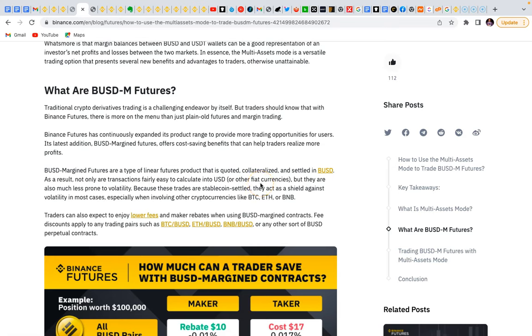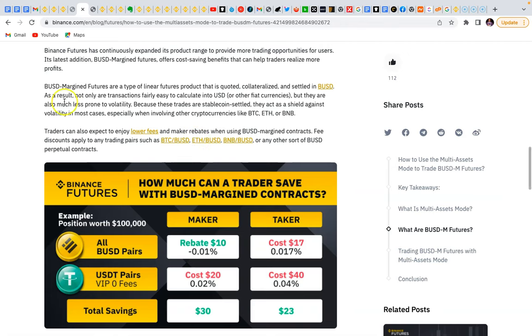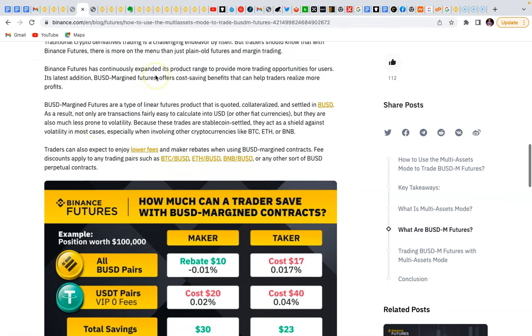BUSD is Binance stable coin, which is Binance USD. The advantage of using this pair is traders are expected to enjoy lower fees and maker rebates when using BUSD contracts.